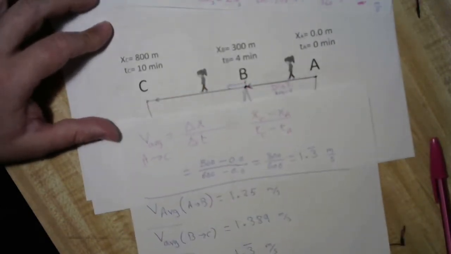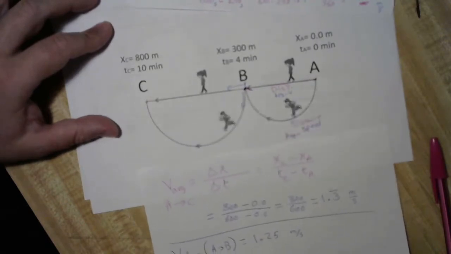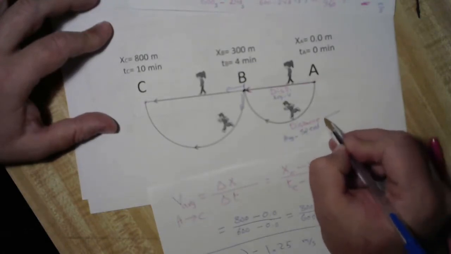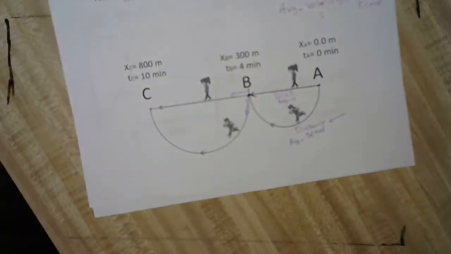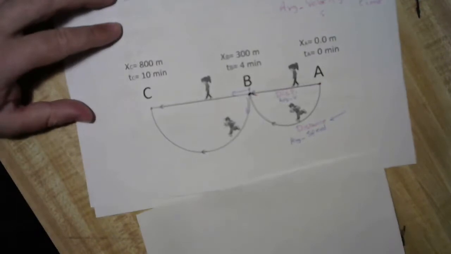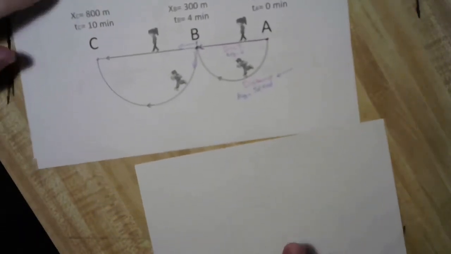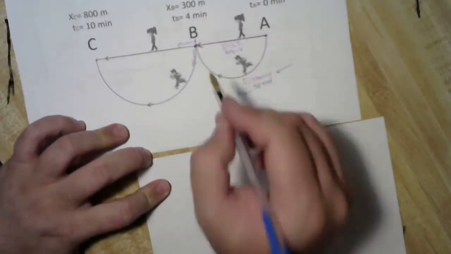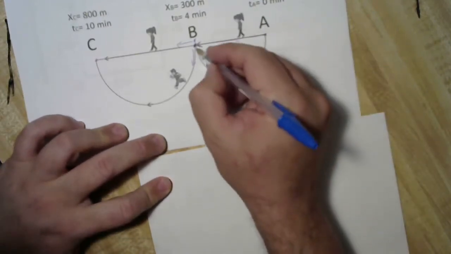Now I need to calculate the speed. The speed is for the boy. For the speed, I will use the distance. I will not use the displacement. Okay. But wait, now I have a different track for this boy. I have half a circle. Okay, what is the length of this track?